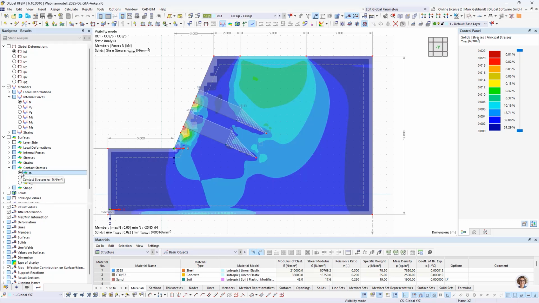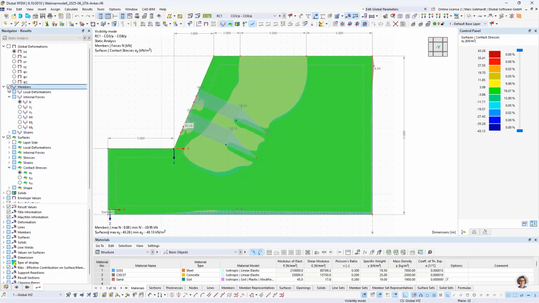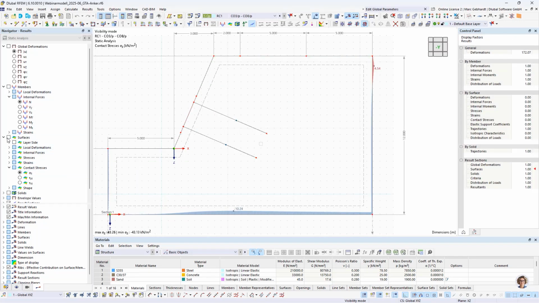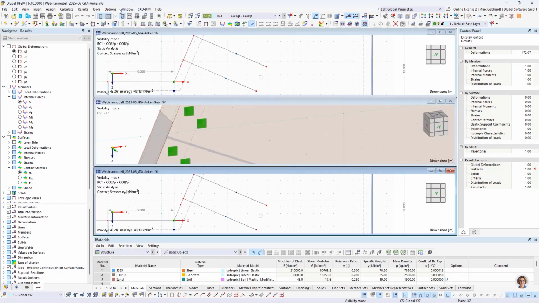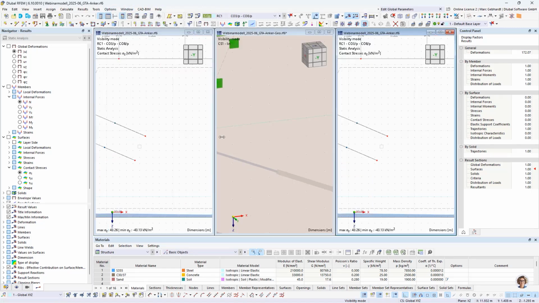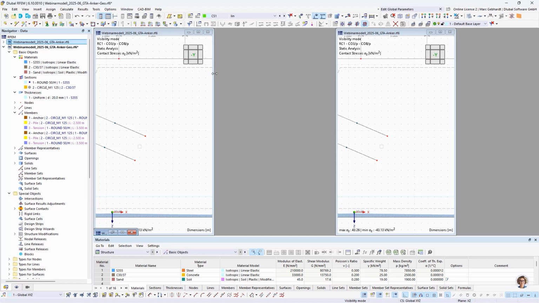So we see the contact stresses, surfaces on the slice, in a new window. Windows tiled horizontal. Vertically, I want to show them. Don't want to see this, but there's two of them here.